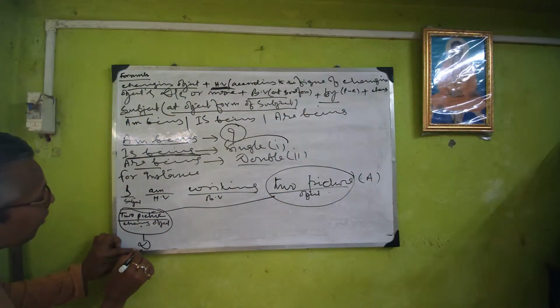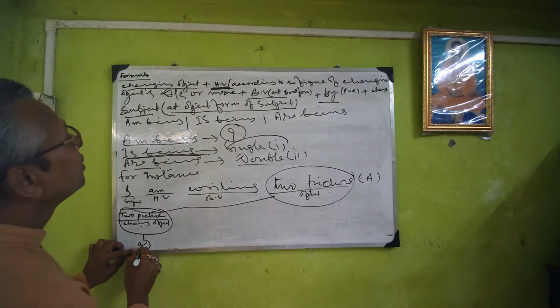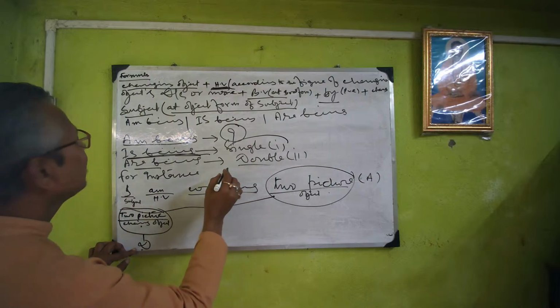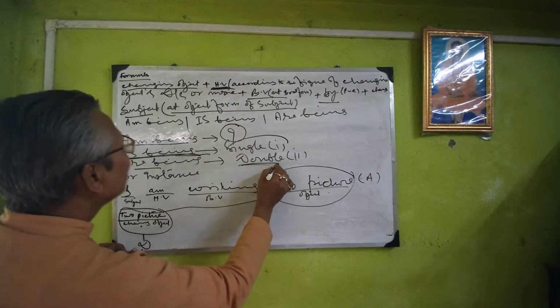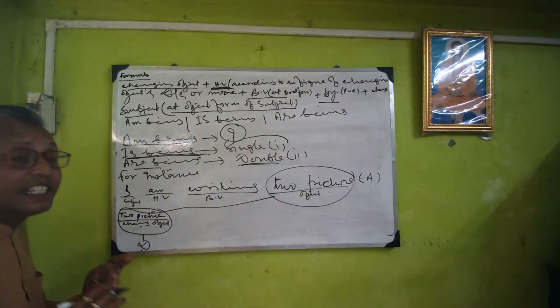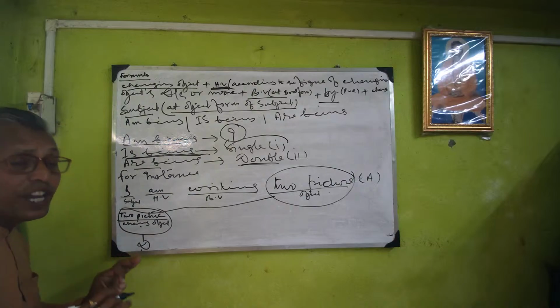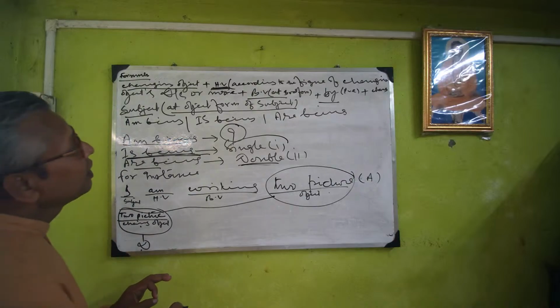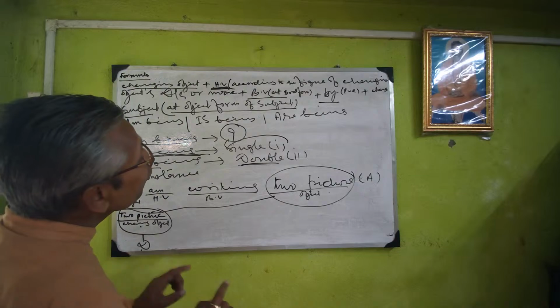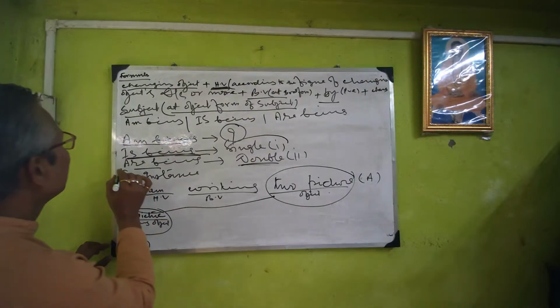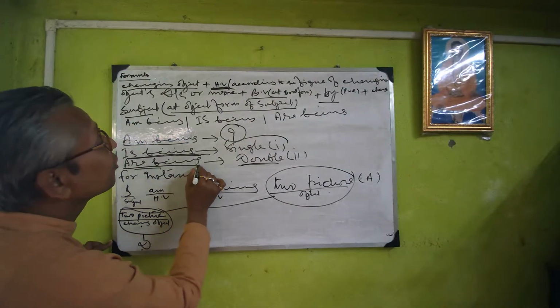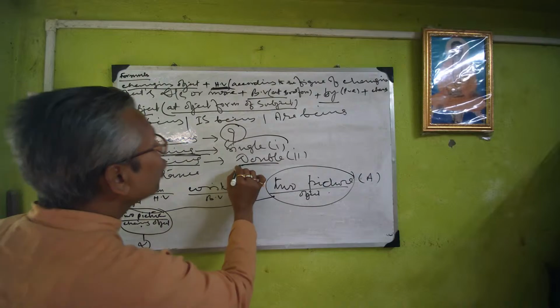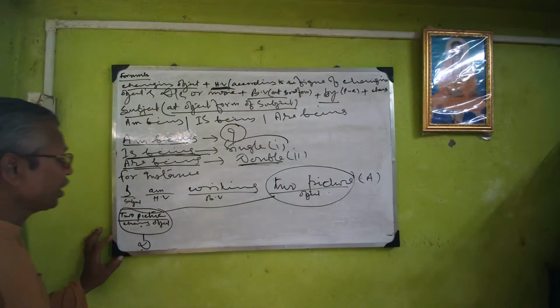If the changing object is double, there you will have are being.